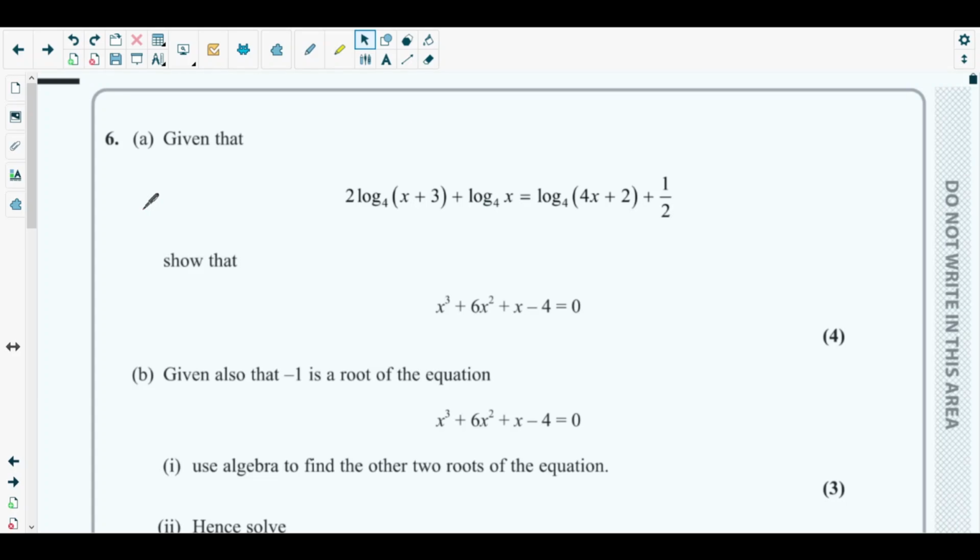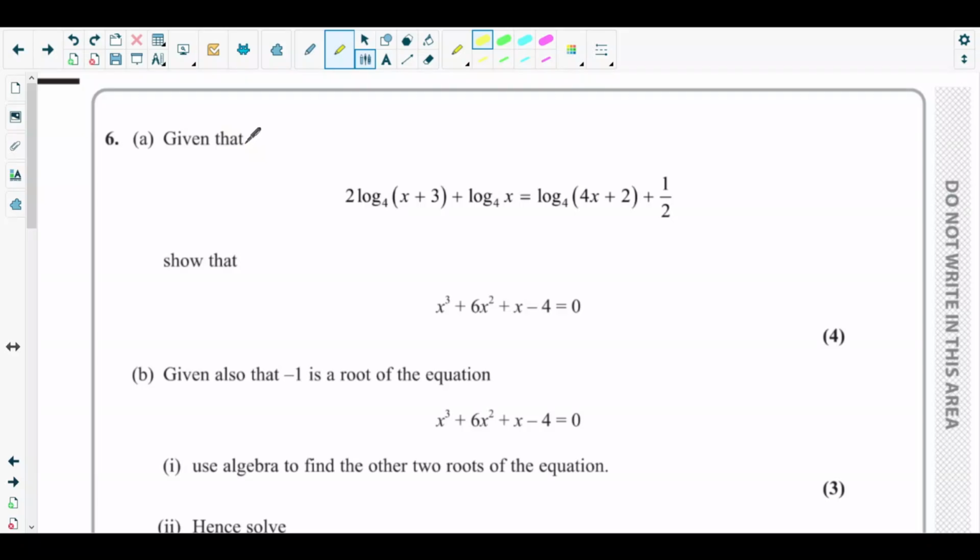We also need some algebraic methods and algebraic operations, so we need some concepts from chapter 1, algebraic methods, in this question. So let's get started with question number 6.